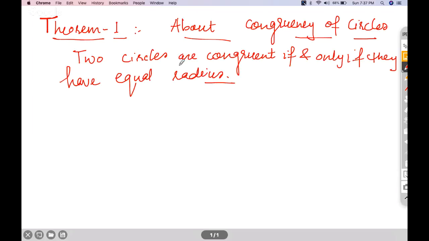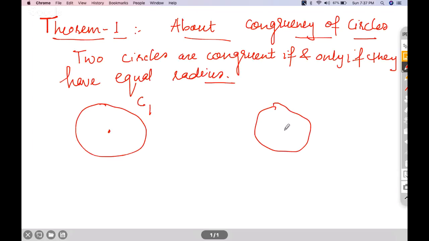Okay, Anurag, I have started the class. So two circles are congruent if and only if they have equal radius. Suppose I have this circle, I name it C1, and this another circle, I name it C2, and the radius is R1 and radius is R2 here. If I am saying that circle C1 is congruent to circle C2, it tells me that this is only possible when R1 is equal to R2.